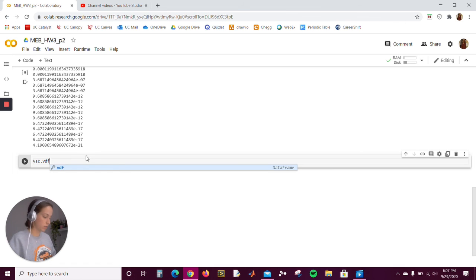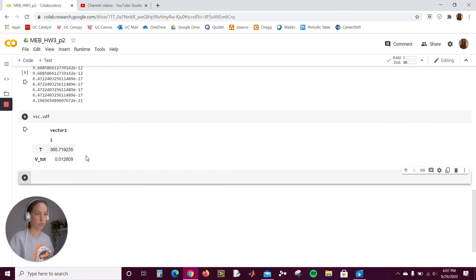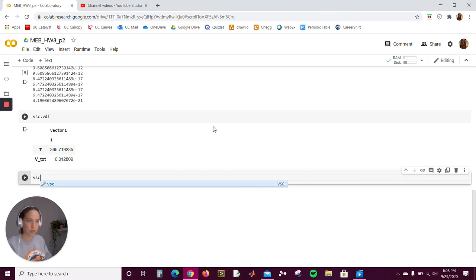So the final temperature and the total volume. So this is what it is. The final temperature is 365.7 kelvins, and the total volume is about 12.8 liters. So we found it.